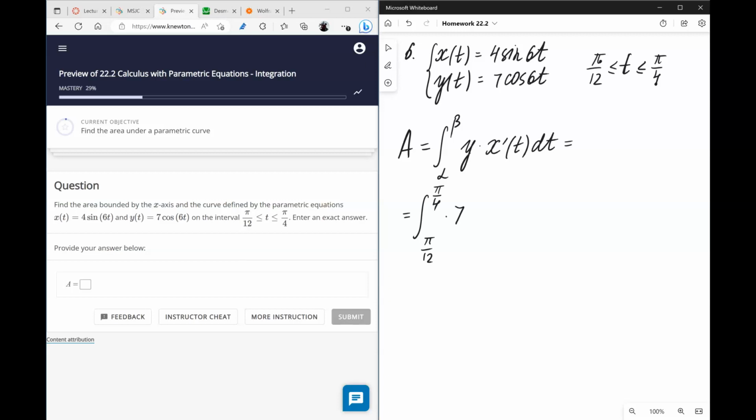We're going to integrate y, and the derivative of x is 24 cosine of 6t dt, and this is a simple trigonometric integral.